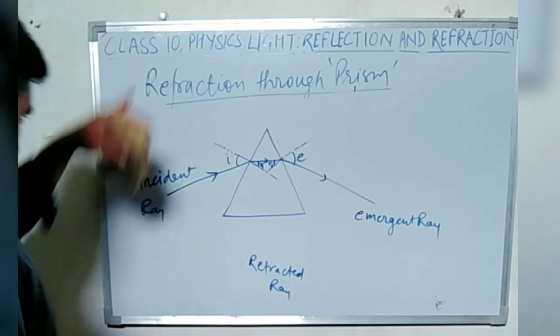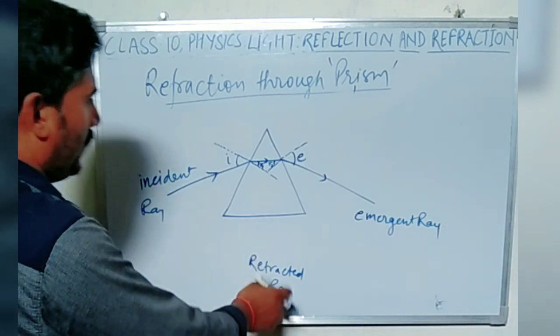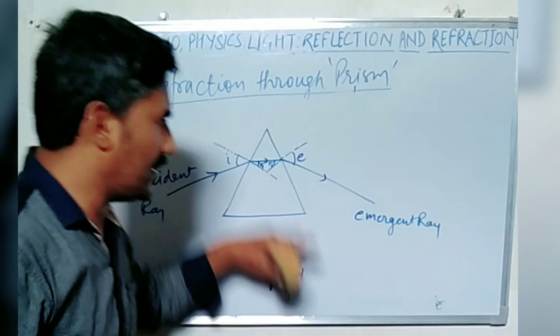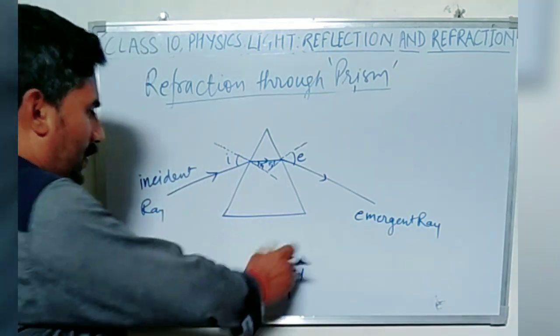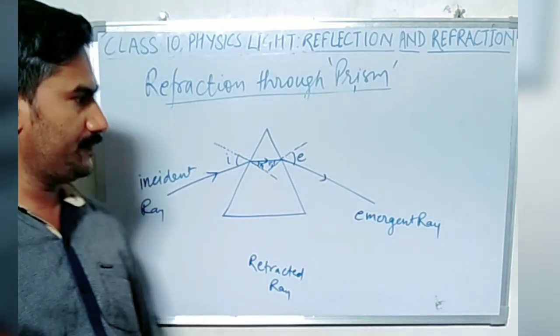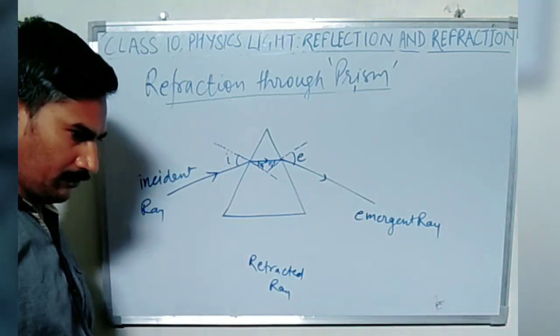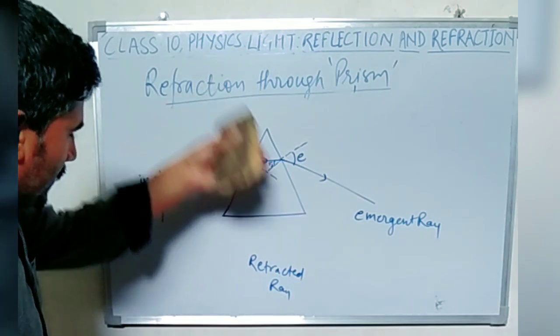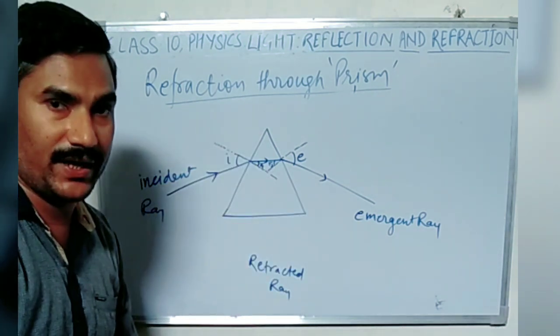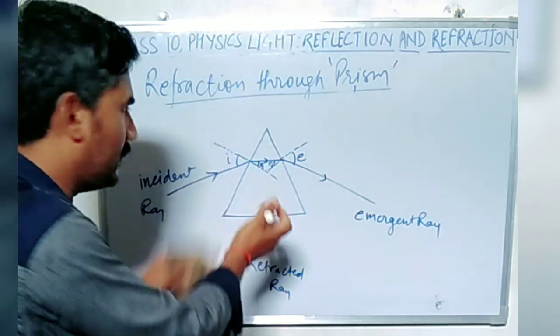So this incident ray, refracted ray and emergent ray is basically a single ray which passes through this triangular glass prism. Now this is the path of the ray, but what should be the path of the ray if refraction was not working?